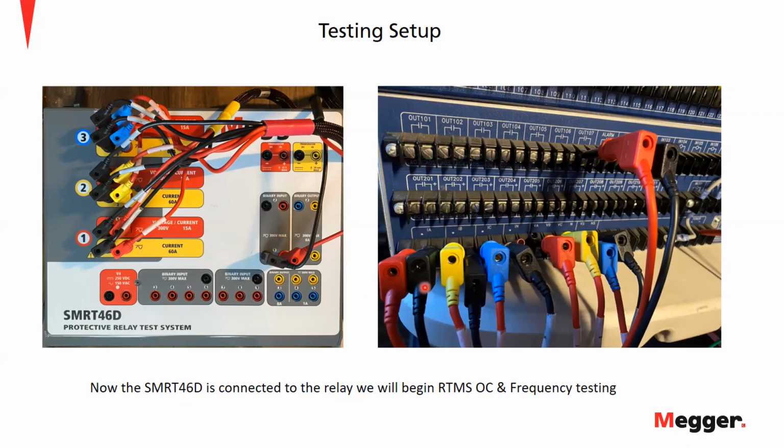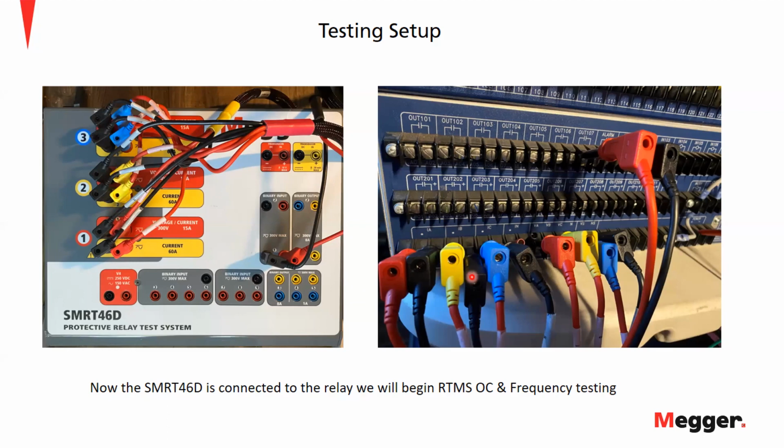And on this side, we also have our relay, which is the back, and how I have this wired. A phase currents here will match B phase currents as I have here, and then also C phase current here. And then the voltages follow right behind it, right?